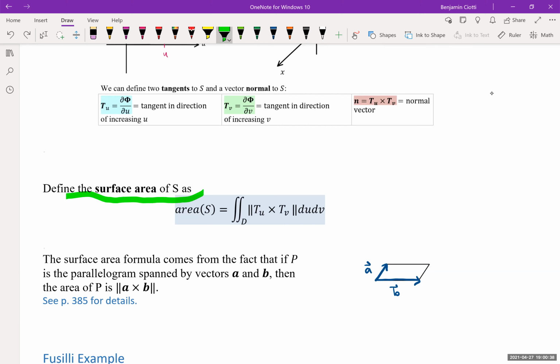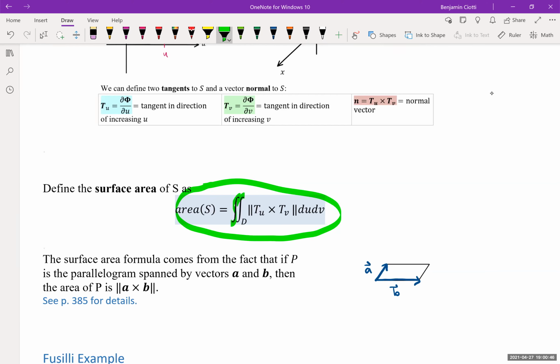So we define the surface area of a parametrized surface S as described above as the double integral over the domain of phi, that is D, that is the subset of R2 where U and V live, of the norm of the normal vector.